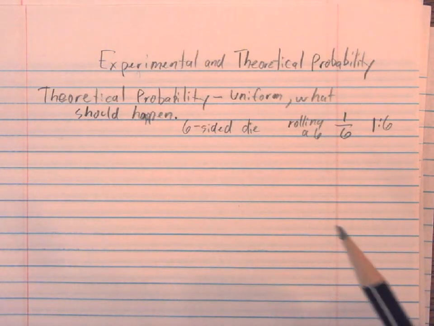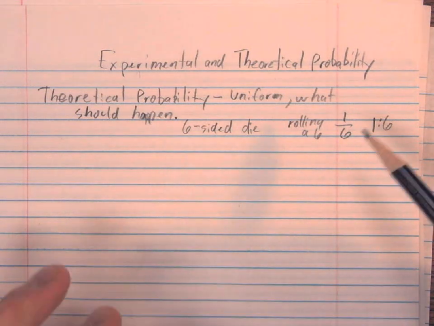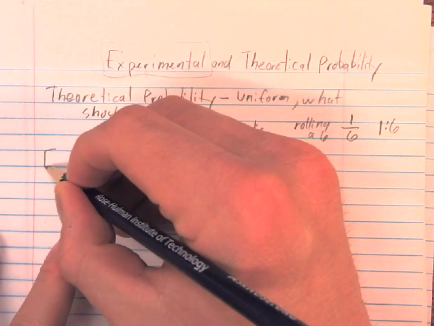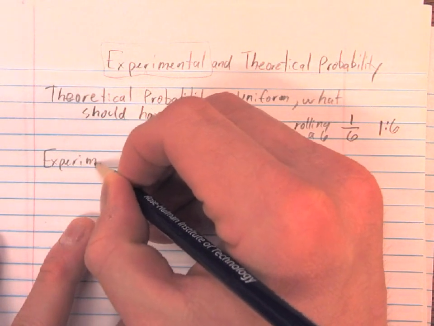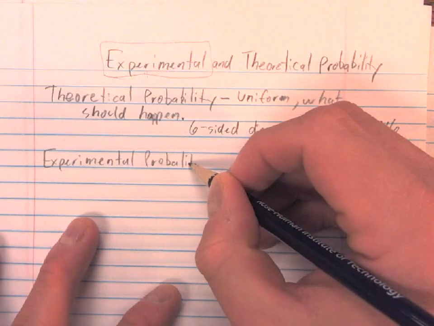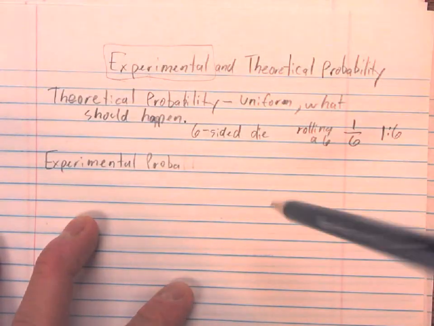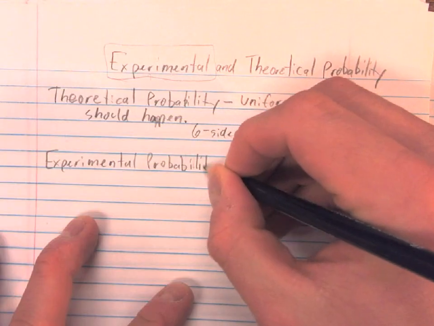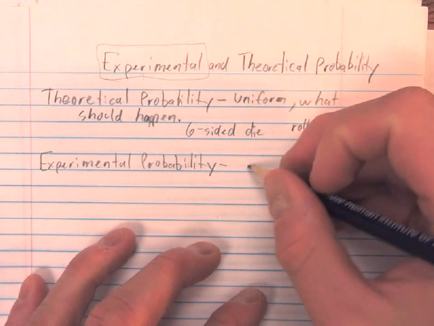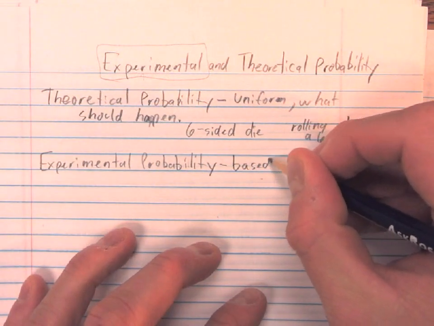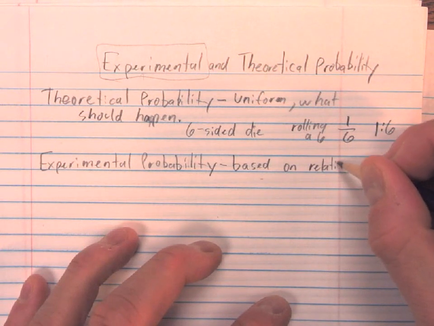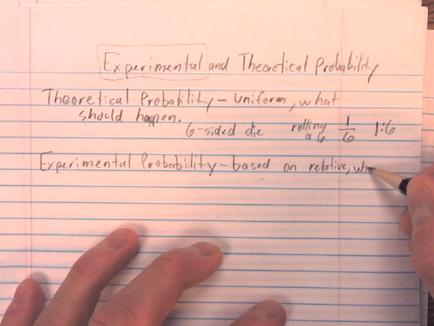That's theoretical. That's not saying that we actually did that once every 6 times. That's where this new part of our lesson comes in, the experimental part. Experimental probability is based on relative frequency, or what actually happens.